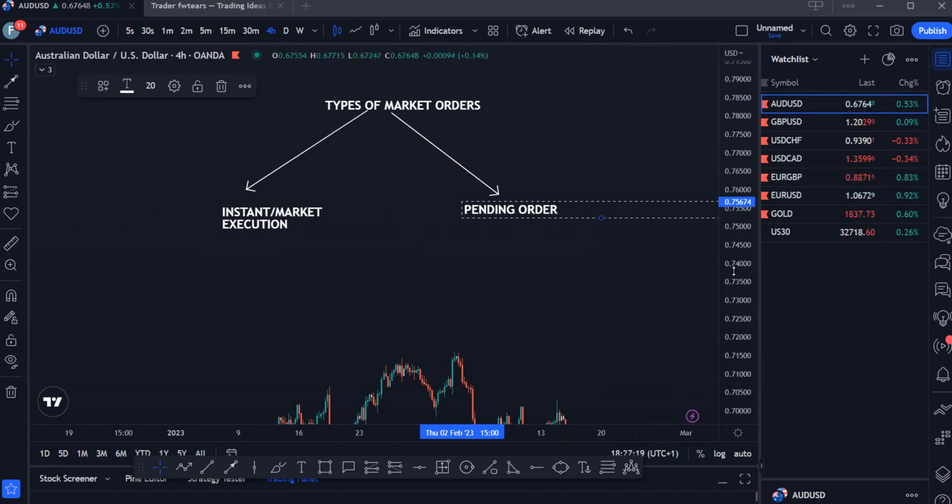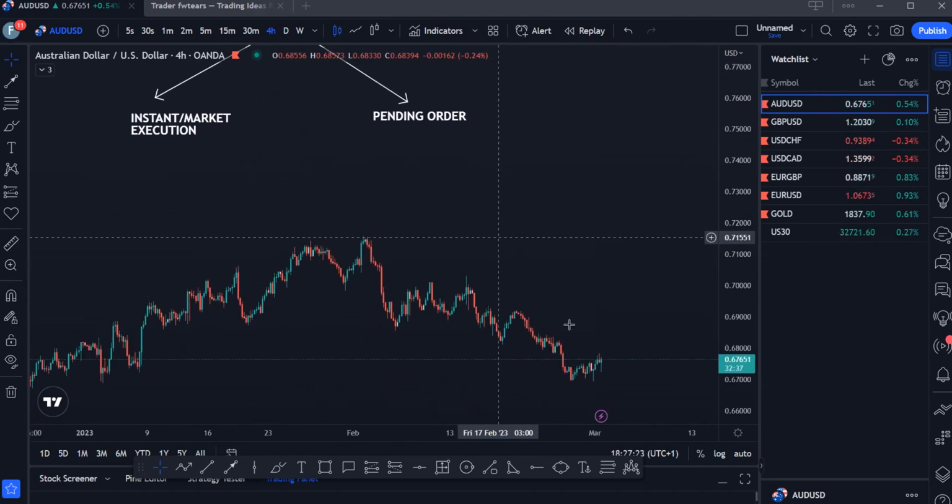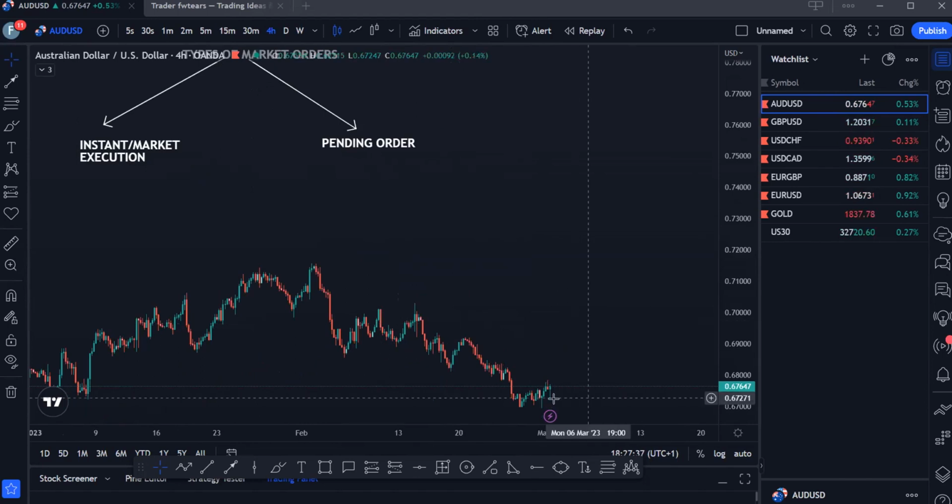Right now, this is AUD USD, and the exchange rate is 0.67652. If you are trading with instant execution, that means as soon as you hit buy or sell, you'll be placed into the market immediately, in real time. That is what instant execution is.